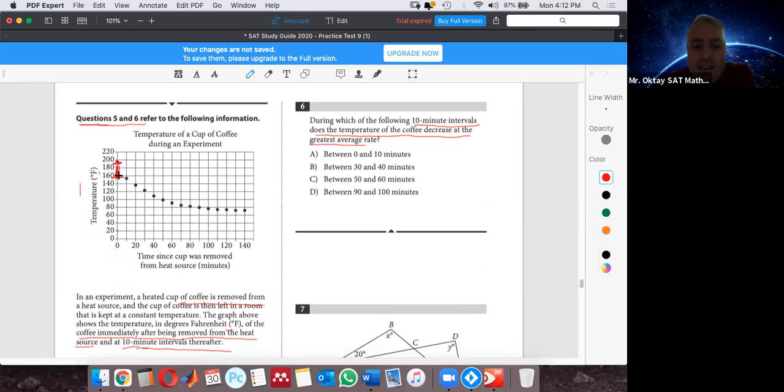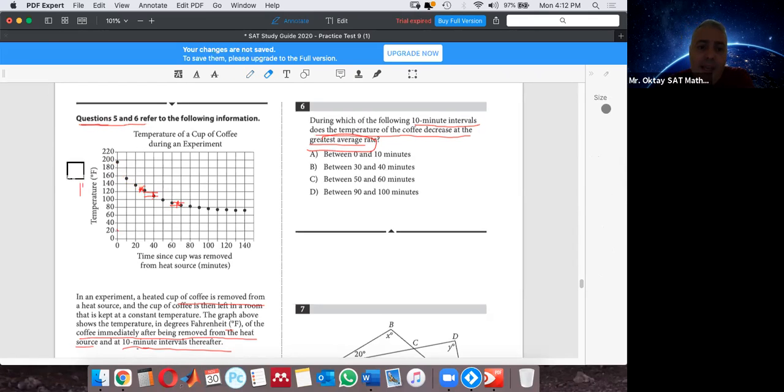Is this the highest length? From this temperature to this temperature, this temperature, this temperature. But it says the greatest one. So isn't it here? I think yes, it is.